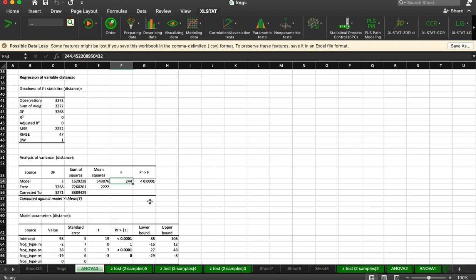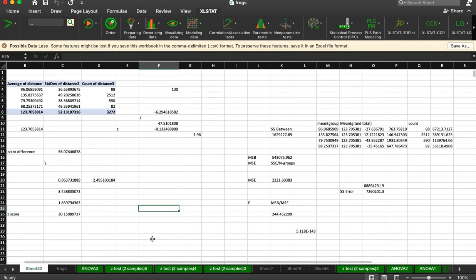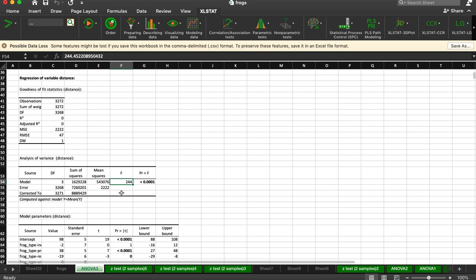So that's the exact same F value that we calculated. You can see here, 244.45 and 244.45. So exactly the same.